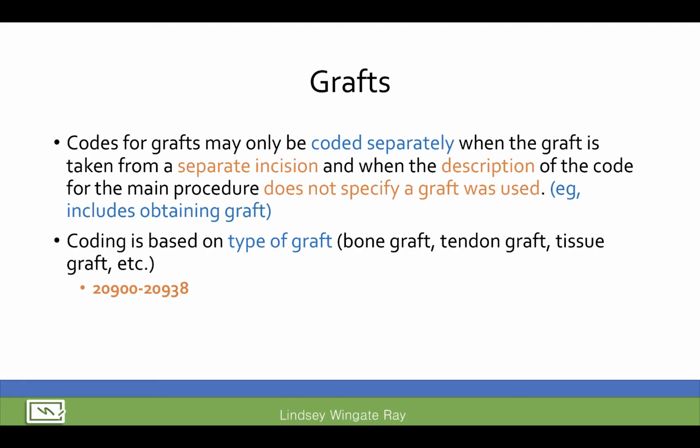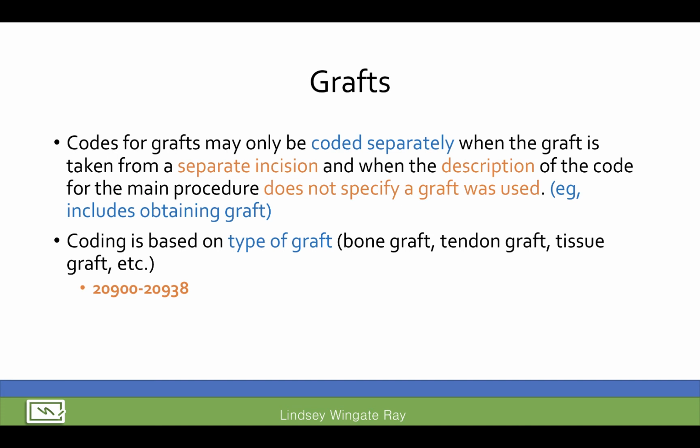Next, go to the graft section and the general section by looking in your table of contents at the beginning of the section and going to graft. Codes for grafts may only be coded separately when the graft is taken from a separate incision and when the description of the code for the main procedure does not specify a graft was used.